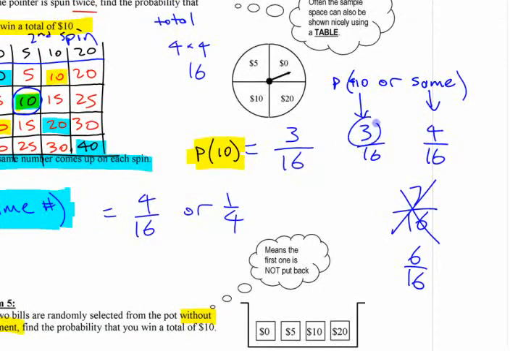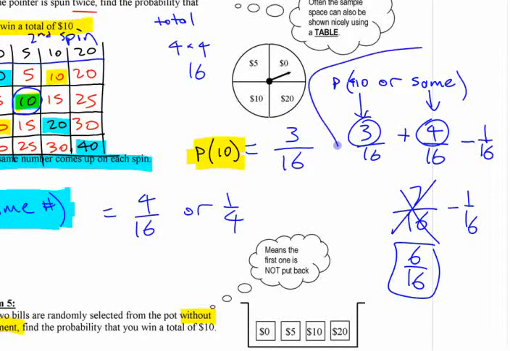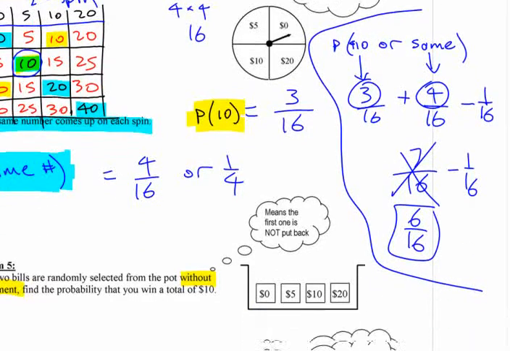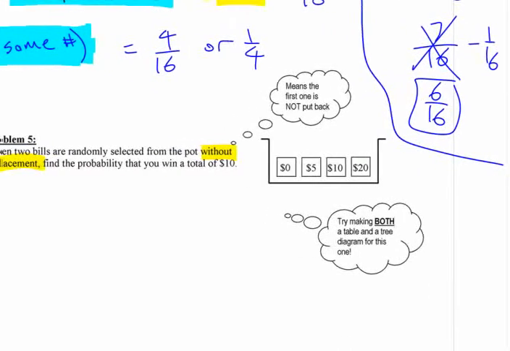If I take the 3 and the 4 and add them together, I've counted that overlap twice. So the shortcut next time is going to be, if I subtract the overlap once, I get the right answer. Okay? But that's what's going to happen in the next tutorial, right?